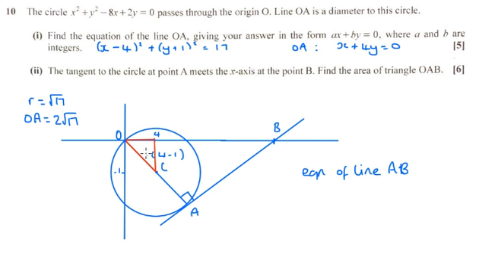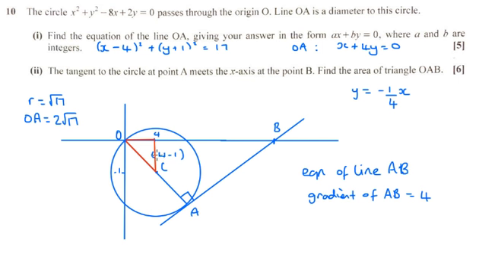Well, we know that the gradient of the line is going to be the negative reciprocal of the line from part A. So because we've got y equals minus a quarter x from part A, the gradient of AB needs to be 4 because it's at right angles. So positive 4.